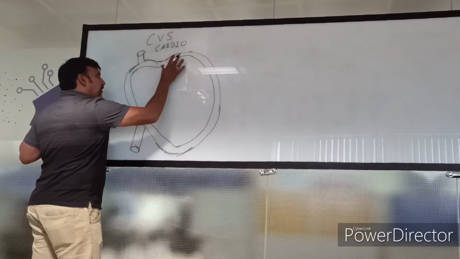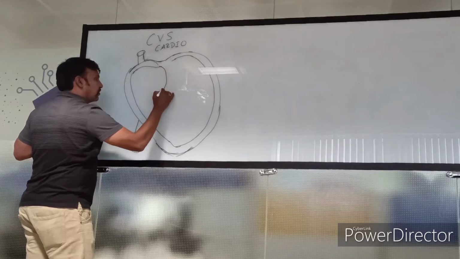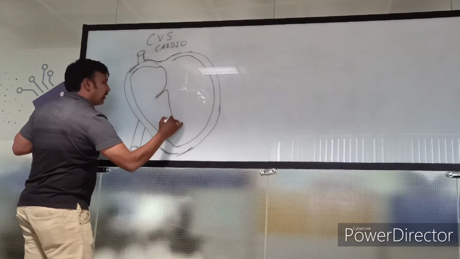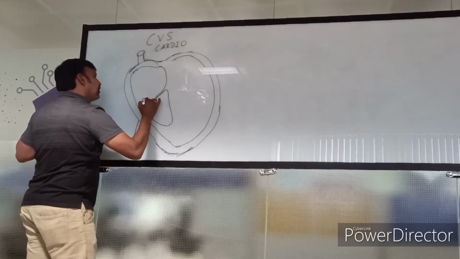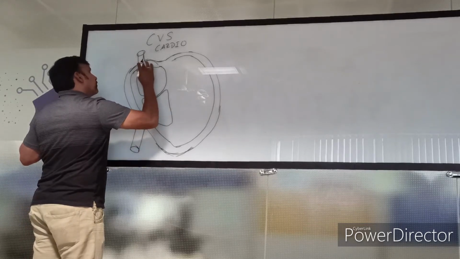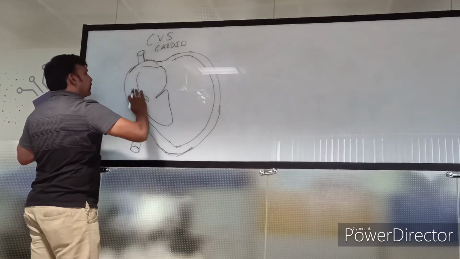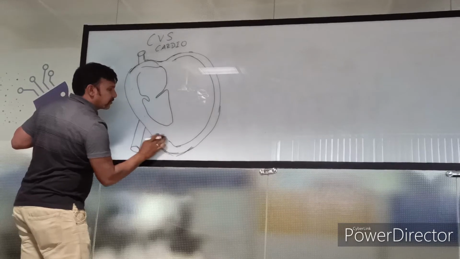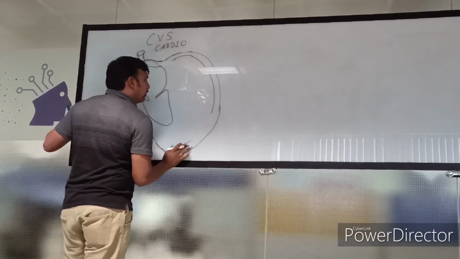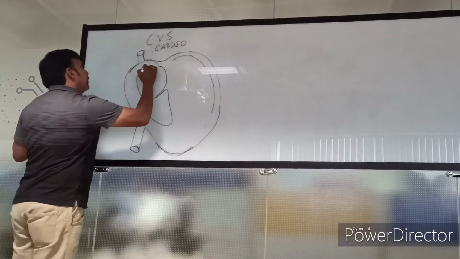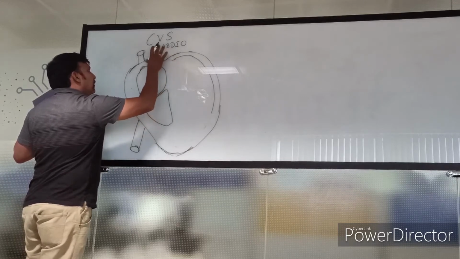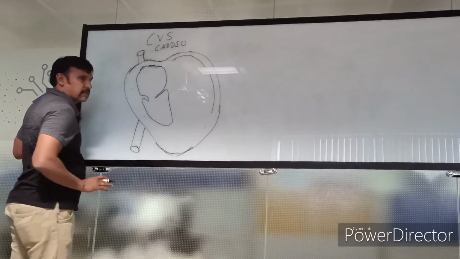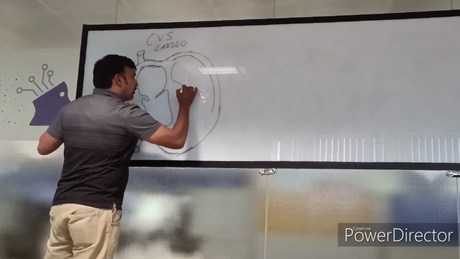Now I told you it is divided by septums. It comes here, then it's divided by septums. Comes here, septum, and then it goes. I'll take this out completely. Same thing here also.